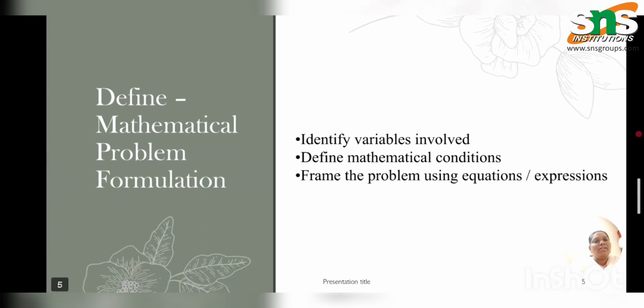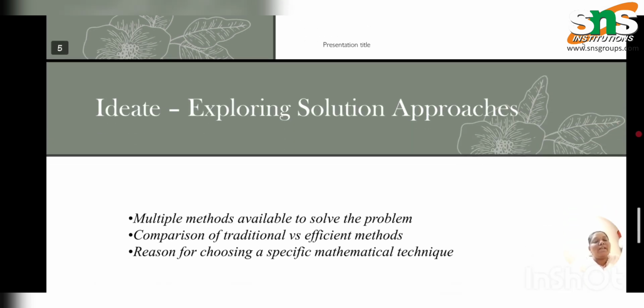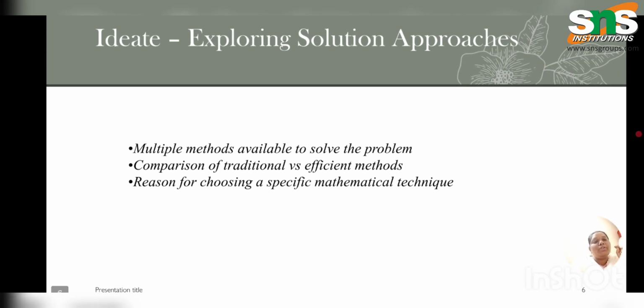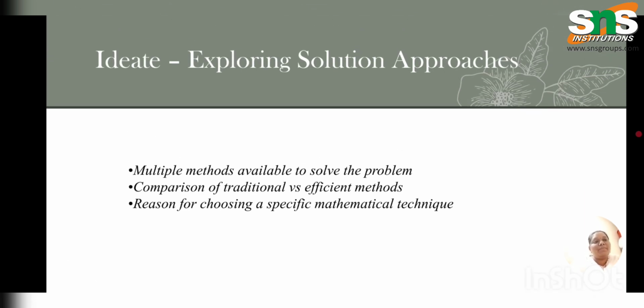In the second stage, we define the problem. Real life situations are converted into a mathematical problem by identifying variables, constraints and assumptions. The next stage is the ideate stage, where we explore multiple mathematical approaches to the problem.